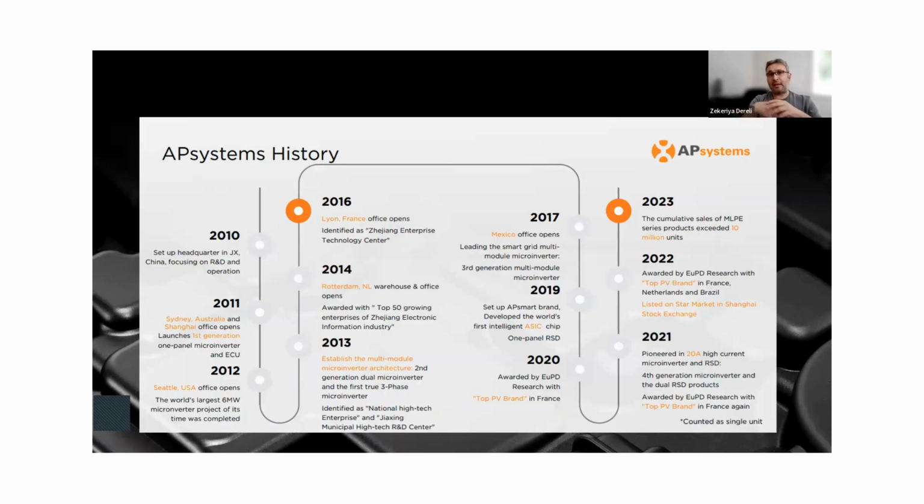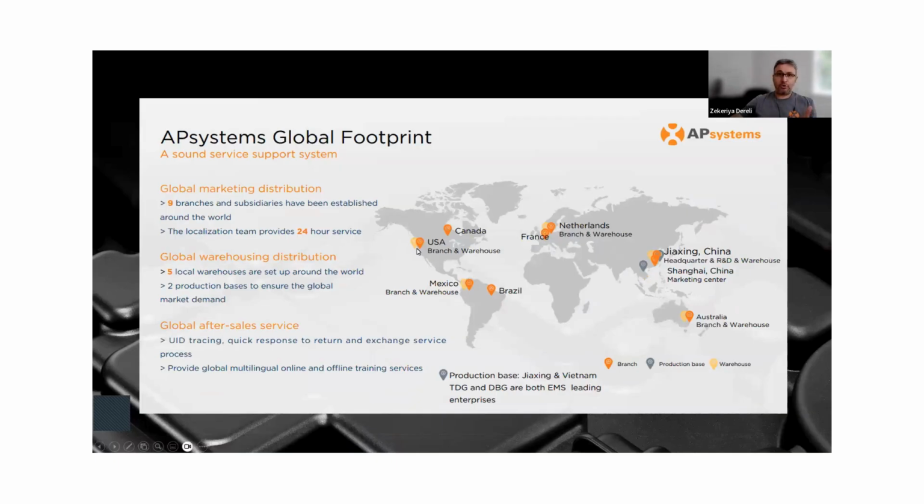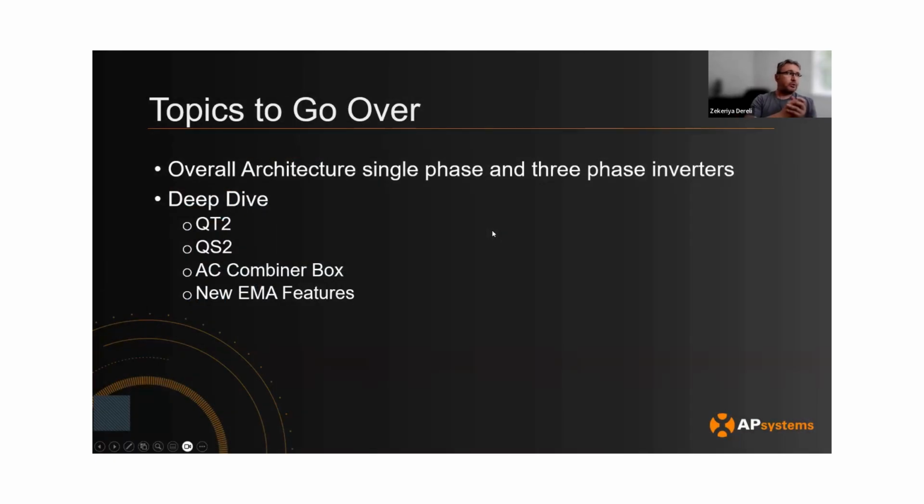Fast forward to today, we make microinverters, rapid shutdown devices, and some accessories, and in 2023, we reached over 10 million units globally. So that's the history and the global footprint. We have two manufacturing bases, one in China, one in Vietnam, and we have 9 branches and 5 local warehouses across the globe. So that's pretty much what we are and what we do.